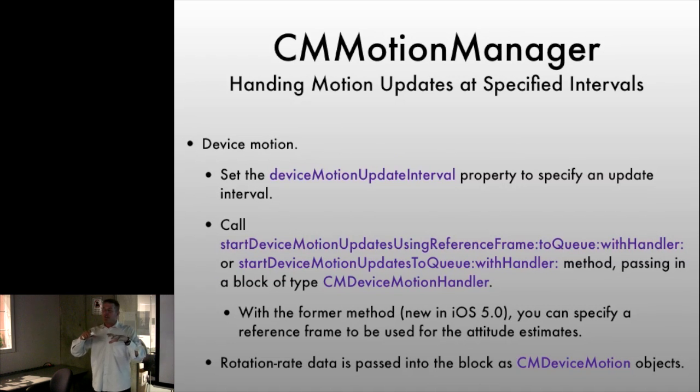Device motion is kind of a layer on top of all of these different frameworks. It fuses a lot of this stuff together. The device motion update interval is a property that you can specify where you want to be interrupted with the device motion, the all-encompassing kind of device motion data. What's different about the device motion is that in iOS 5 you can actually pass a reference frame so that you can get relative data out of the device motion framework.